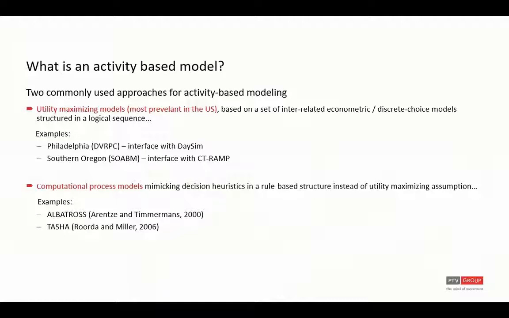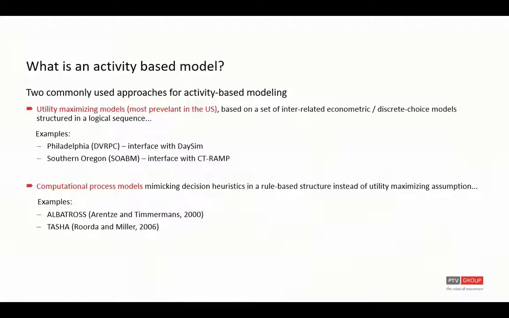So with this kind of a heuristics or rule-based calculation, you avoid having some sort of a strange outlying kind of case that will probably not happen. So that constraint is more explicitly applied in the computational process model.